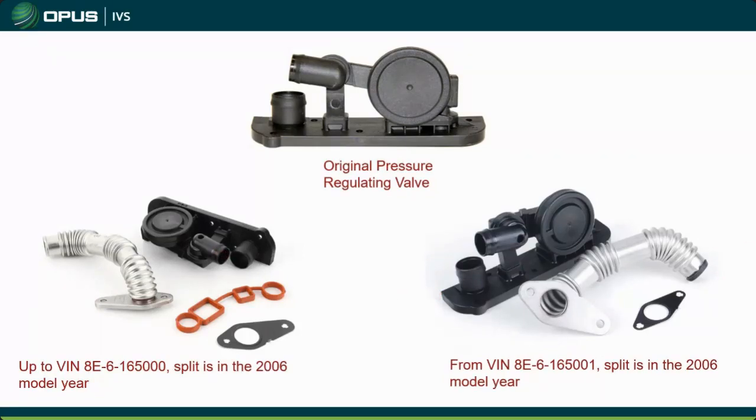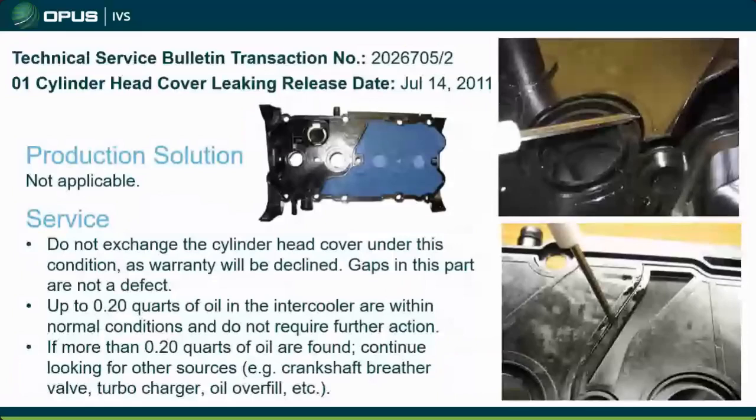Now there is a related TSB here that I wanted to talk about on these early engines. Here's the valve cover. As you can see from before, we have our port inside of the valve cover, right? Normally our pressure regulating valve, or our breather valve, would be here. The port would come through here around the number 2 cylinder spark plug hole, and this is where our hose would be to vent.